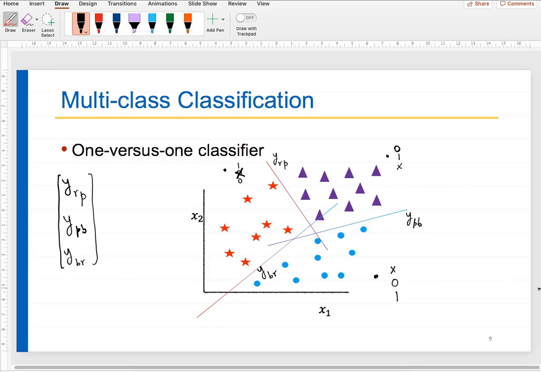So once you get some values, is there any ambiguity here?